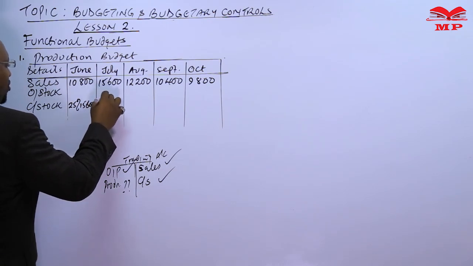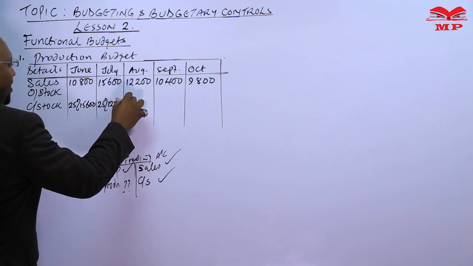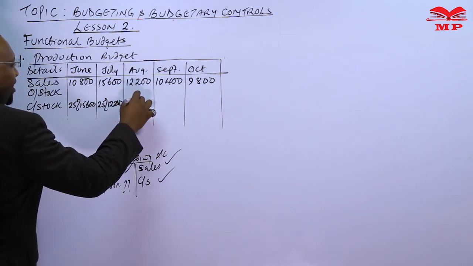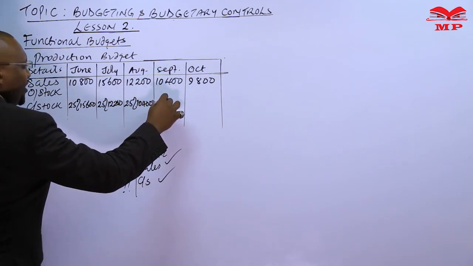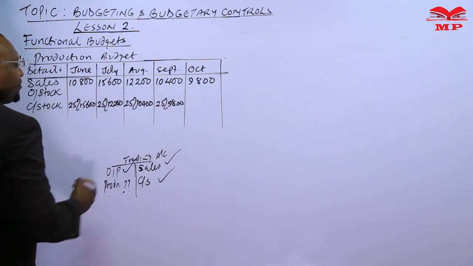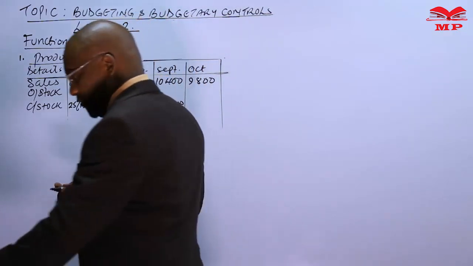Then 25% of sales in August, 12,200. 25% of sales in September, 10,400. And 25% of sales in October, 9,800. That's what you have.